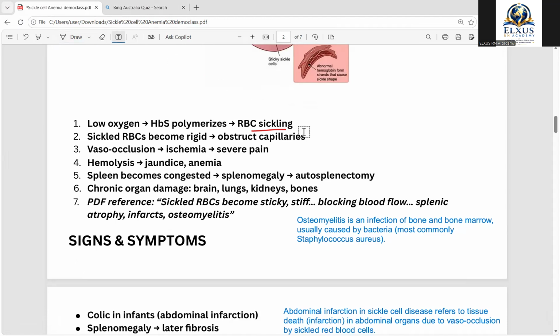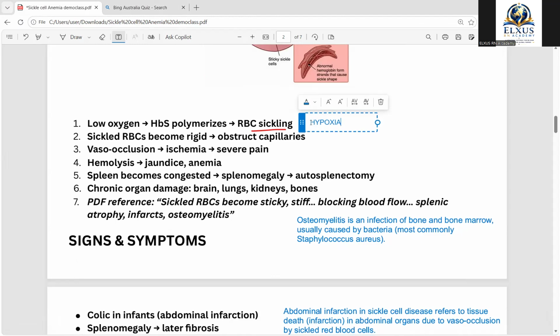So it can lead to what? Hypoxia is the main thing, because of the vaso-occlusive crisis, hypoxia can occur. Okay, and it will mainly obstruct the blood flow. We know that when the blood is getting obstructed in the blood vessel, the blood will become thickened, stiff, and rigid, and it will obstruct the capillaries, which are the minute parts that help the blood flow.